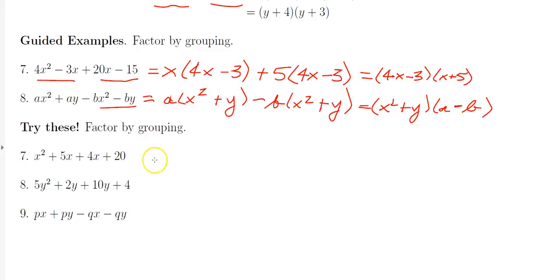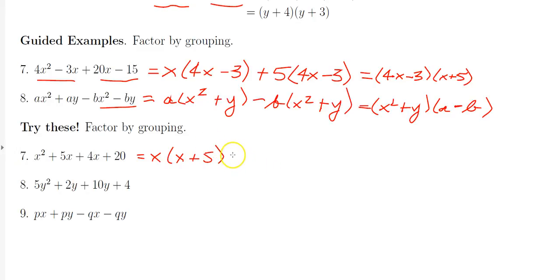Okay, so try these three problems. Remember, you want to look at a common factor from the first two terms and the second two terms. So pause this video and try these problems, and then I'll come back and I'll help you check your work. Okay, so in problem 7 we have x as a common factor multiplied by x plus 5 from the first two terms.